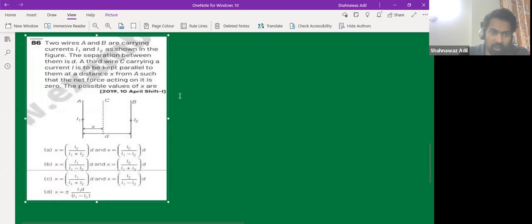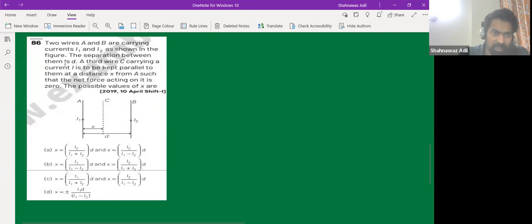Okay. So we have two wires, and as you guys can see that they are not parallel; they are anti-parallel, right? So two wires A and B are carrying currents I1 and I2 as shown in the figure.